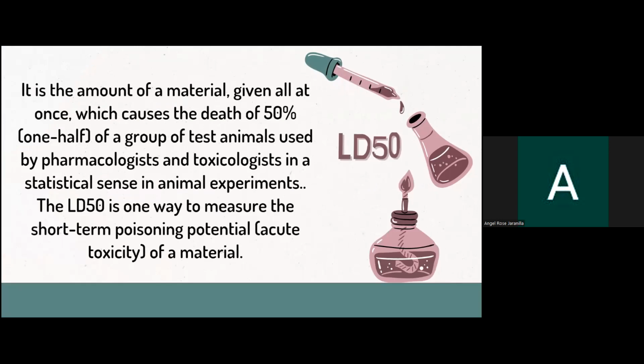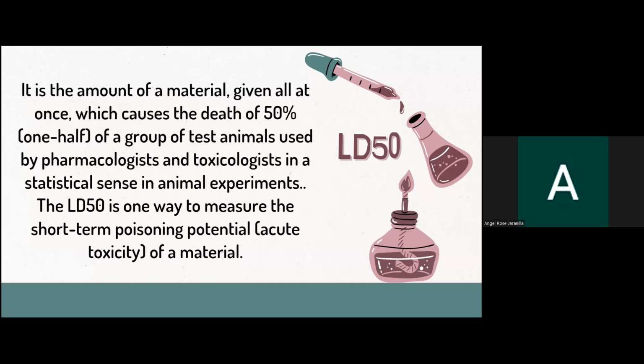So, what is LD50? It is the amount of a material given all at once. So, lahat agad, which causes the death of 50%, one half, of a group of test animals used by pharmacologists and toxicologists in a statistical sense in animal experiments.